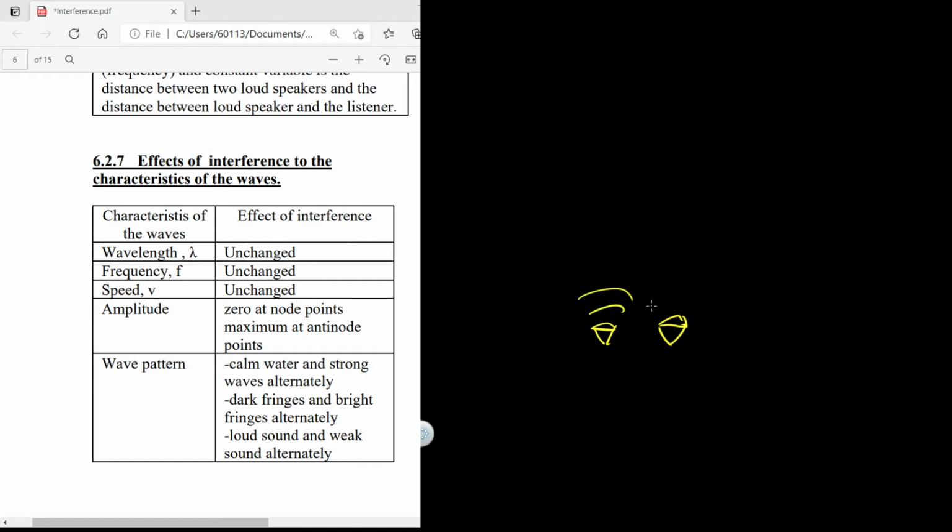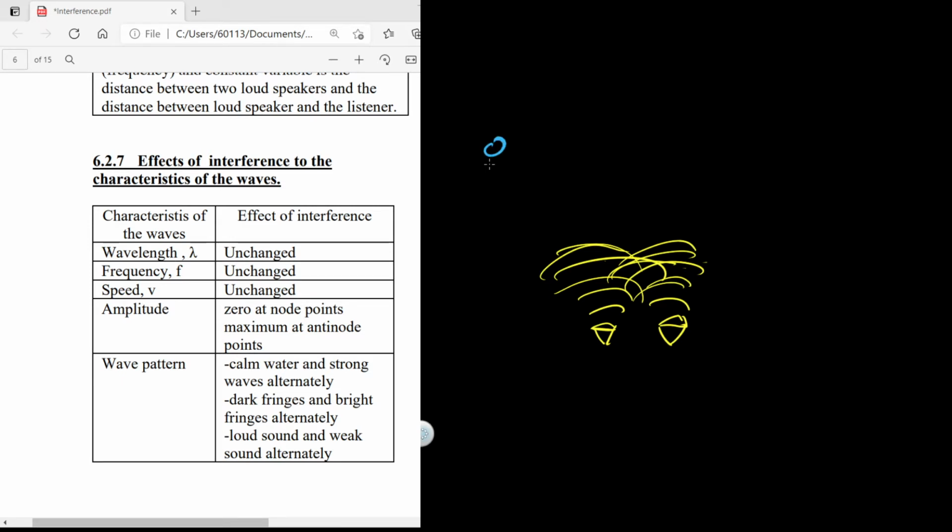Okay, so we have two speakers that produce waves, and there will be interference between the two waves. So what can be detected when this phenomenon occurs around us? We will have a loud sound and a weak sound alternately.